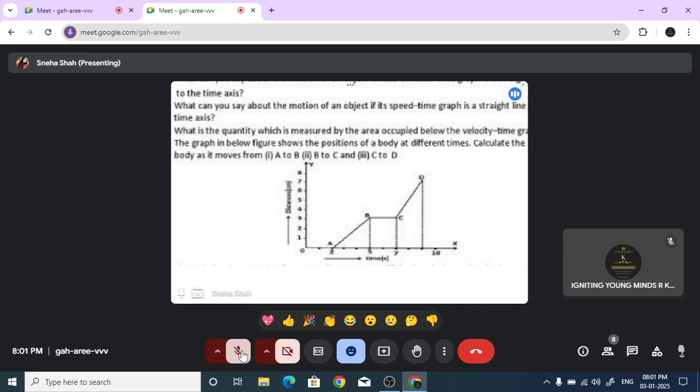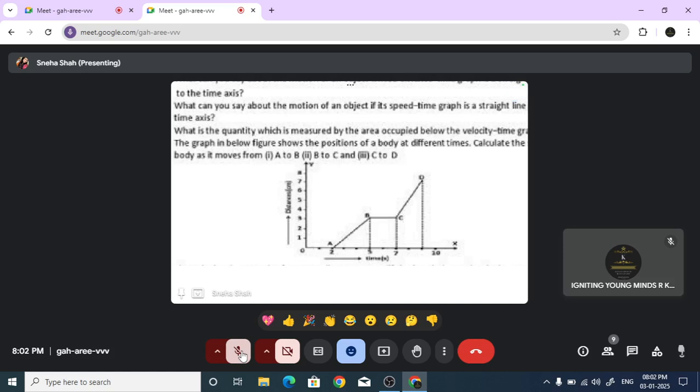The time representations are 0, 2, 5, 7 and 10. And the distance is 1 to 8. If you have a pen and paper, please go through it. Let me know what is the speed of the object when it moves from A to B.